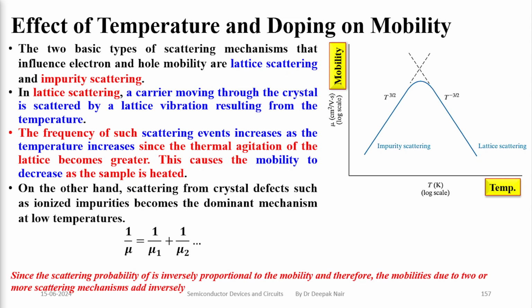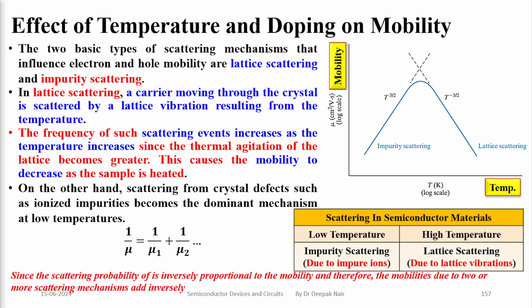Since the scattering probability is inversely proportional to the mobility, the mobility due to two or more scattering mechanisms adds inversely. So what we can note from the above diagram and the discussion is that there are two types of scattering mechanisms in semiconductor materials.